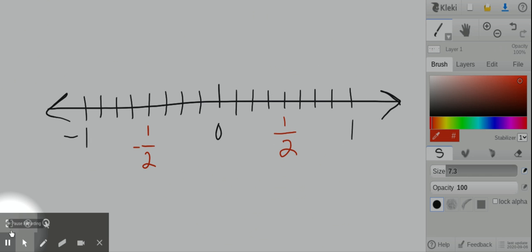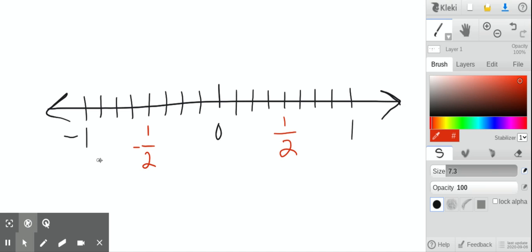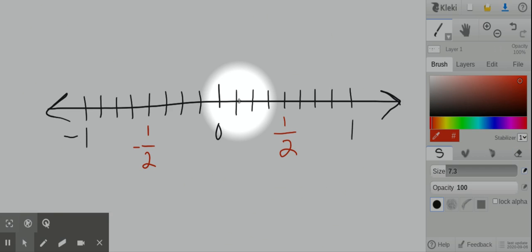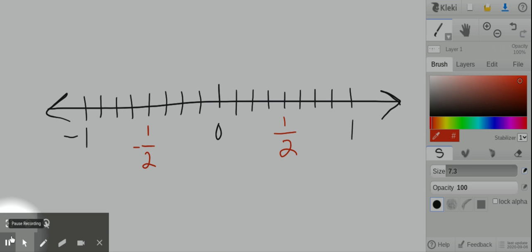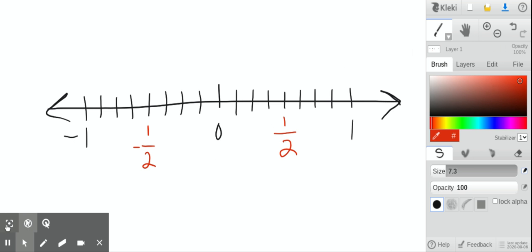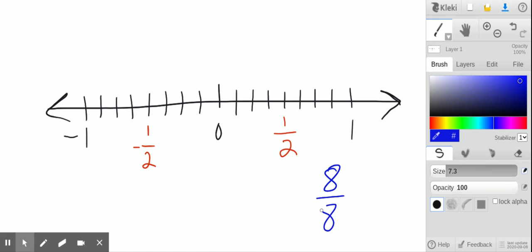So one thing we need to know is that if I count my tick marks, 1, 2, 3, 4, 5, 6, 7, 8. By the time I get to my 8th tick mark, that is equal to 1 whole because it's marked on my number line. So if I know I have 8 tick marks, I now know that 8/8 is equal to 1 whole, okay?